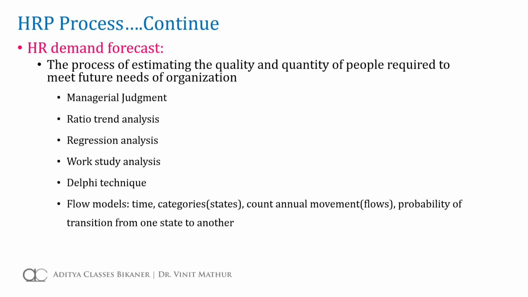The next two steps are HR demand forecasting and HR supply forecasting. There are a few demand forecasting techniques, that is managerial judgment, ratio analysis, regression analysis, work study technique, Delphi technique, and flow model technique. These techniques we will discuss later one by one in detail.